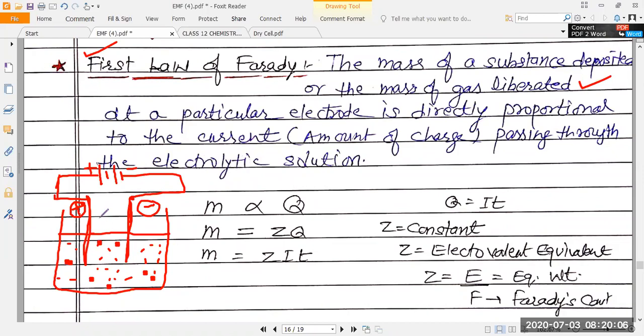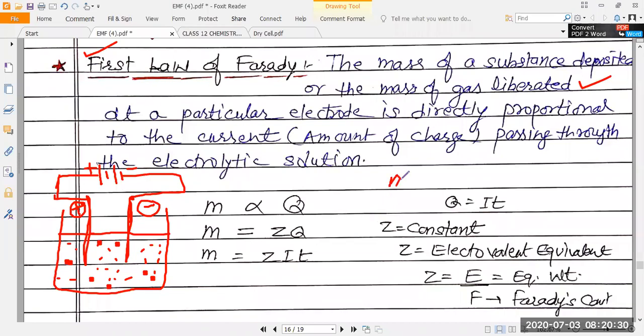This means if more charge is passing through this electrolytic solution, then a greater amount of product will be deposited at the cathode and anode side. And if the amount of charge is less, then the mass of product that is deposited or liberated as a gas is less.